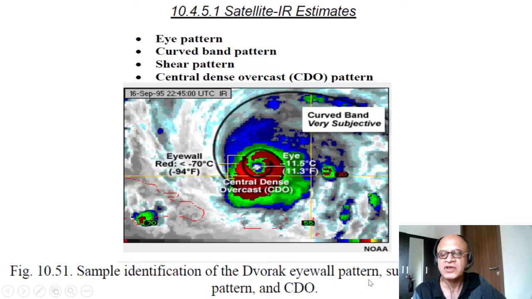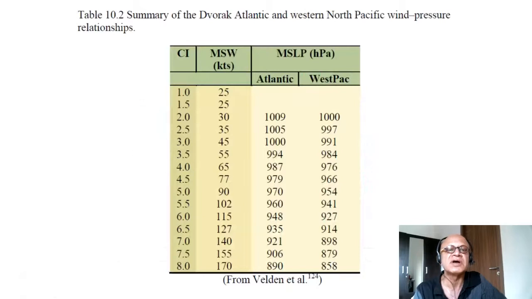Subjective curved band pattern, so it's kind of using the images to draw lines, so it's not a very objective algorithm in that sense, and of course the central dense overcast pattern. Okay, so those are combined using some algorithm, and it's now automated.